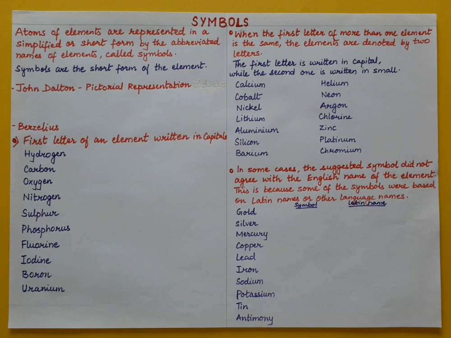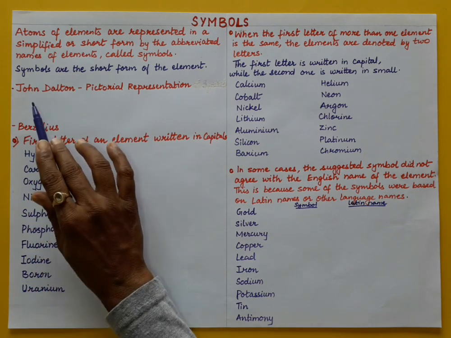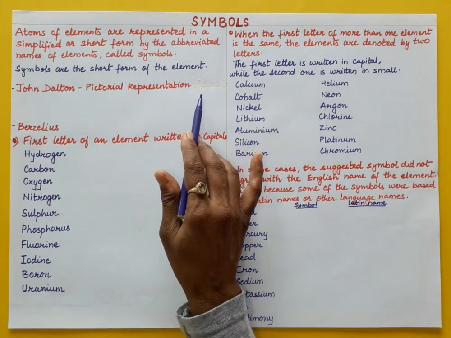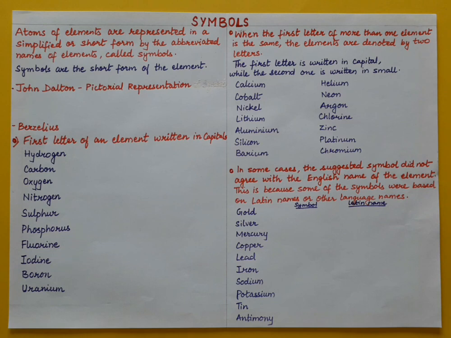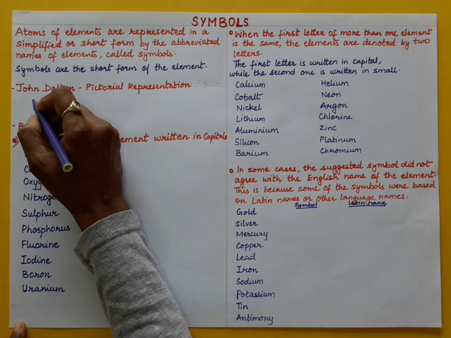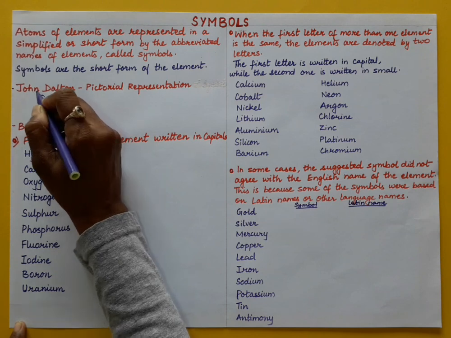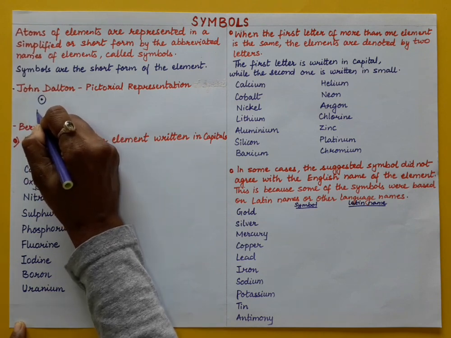But in ancient times, before 1600 AD, alchemists tried to represent substances in different ways. Later on, John Dalton gave a pictorial representation of elements. At that time there were very few elements. This type of symbol was given for hydrogen.